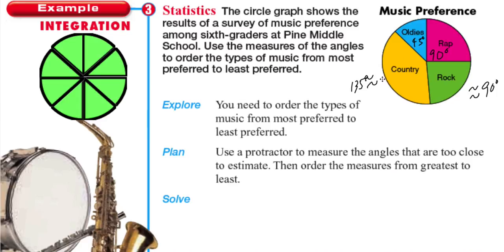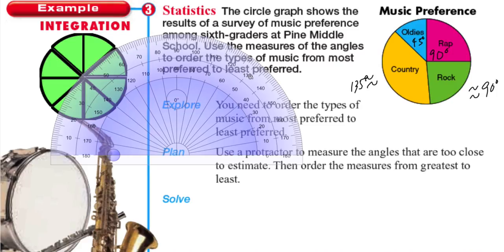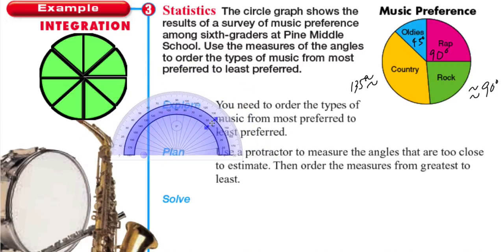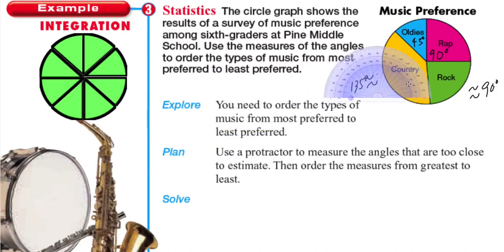We don't have to worry about oldies and country. So what we need to do is get a protractor now and try to measure our angle. Okay, so let's make our protractor smaller. There you go. Okay, and let's measure.